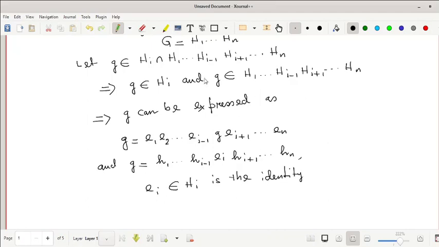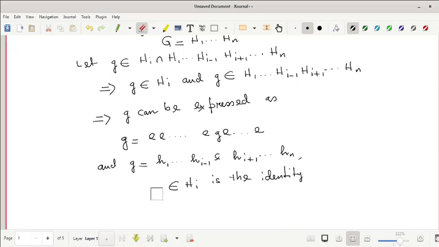In fact, I need not write all this because these are normal subgroups of G. So actually they are identity only. So I should not write e1, e2, e3 like this. They are the same. So this is e ... e, and then e ... e, n times. And similarly this will be simply identity.